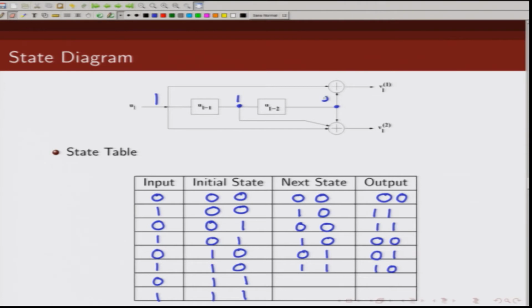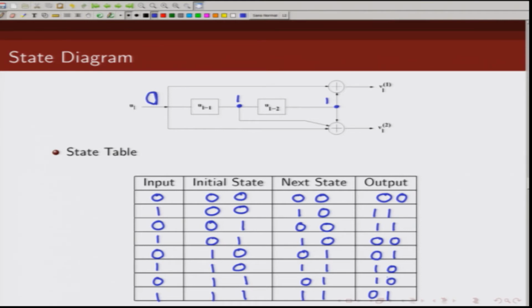And finally, if the initial state is 1 1, let us say if the input is 1, then the next state is 1 1 and the output will be 1 plus 1 is 0 and 1 plus 1 plus 1 is 1, and if instead of 1, this is 0, then next state would be 0 1 and output will be 0 plus 1, which is 1, and this is 0 plus 1 plus 1, this is 0.